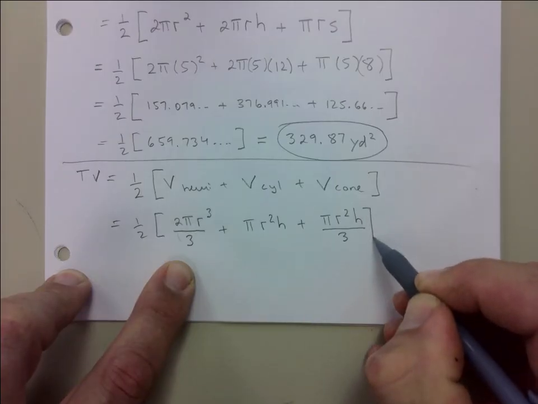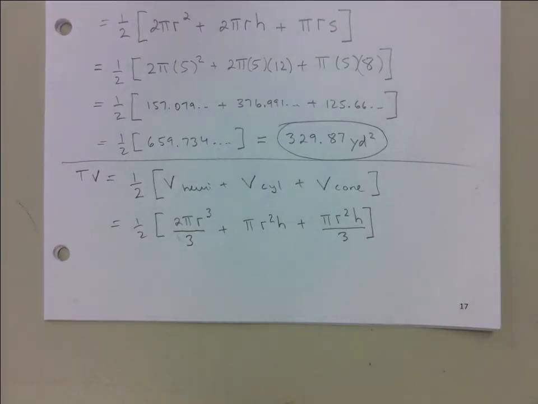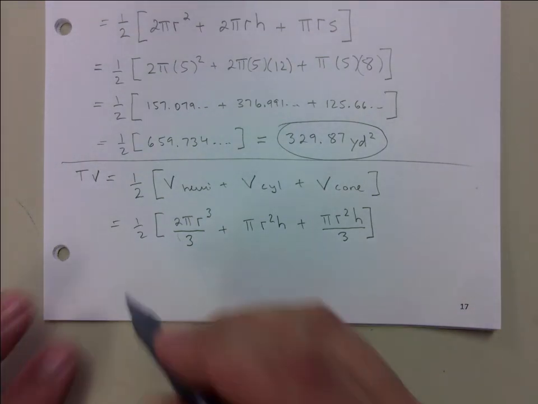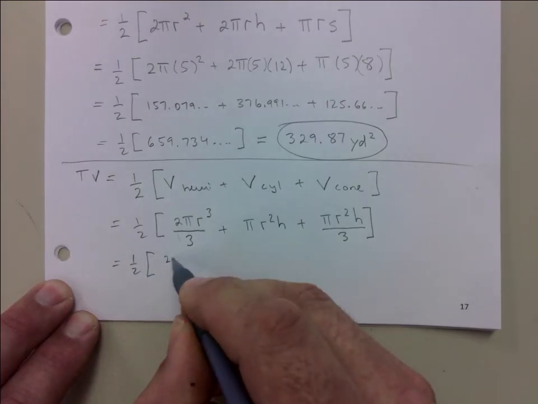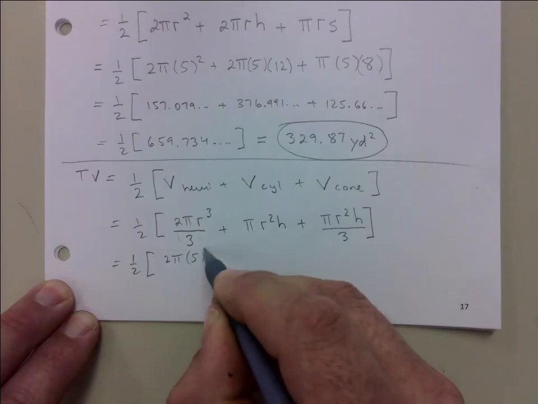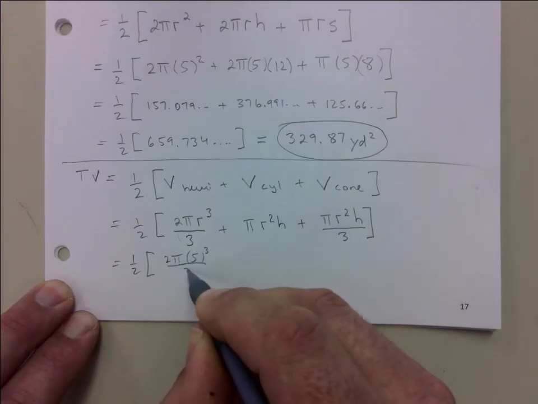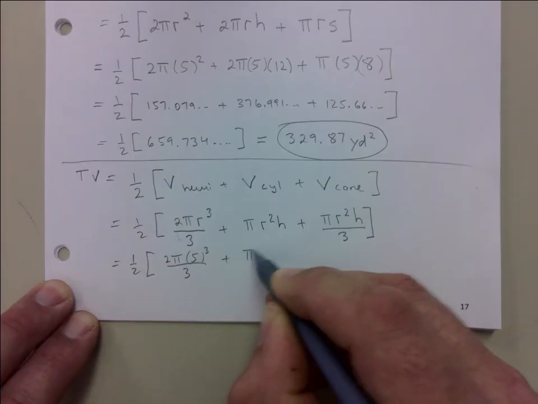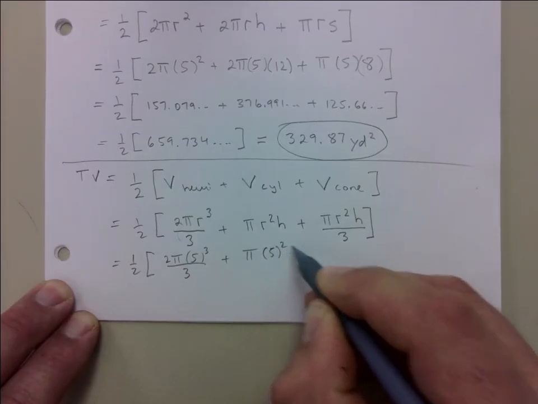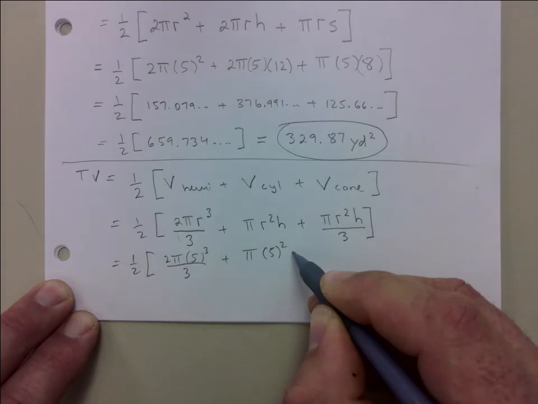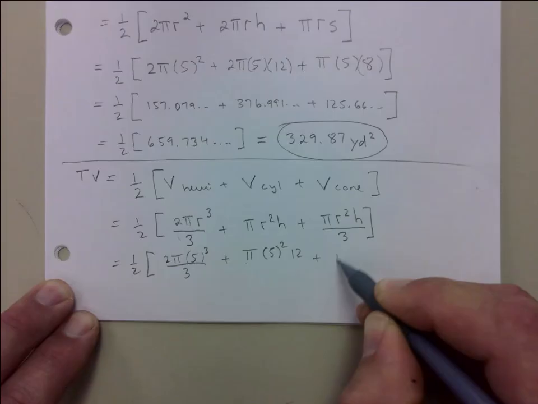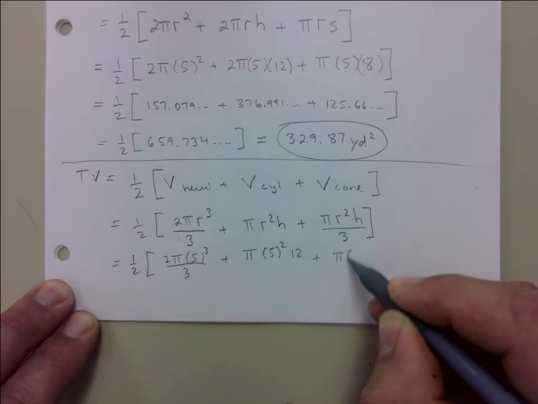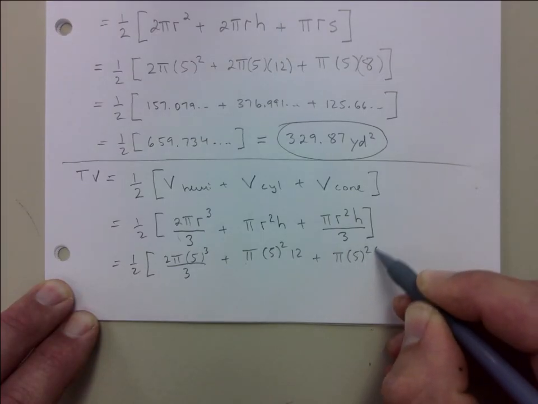So get your formulas right, have that on your study sheets. Let's plug in. 2 pi 5 cubed divided by 3 plus pi r squared, h is 12. It's like that, and then pi r squared.